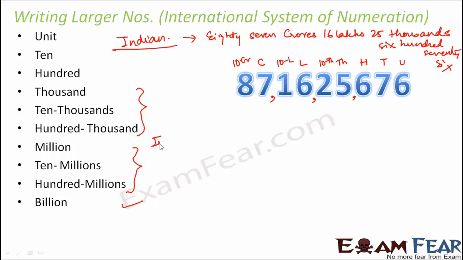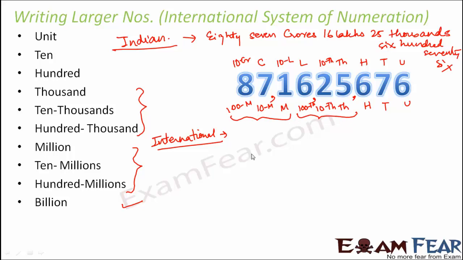Now let us have a look at the international system. Now in the international system, this would still remain the units place, tens, hundreds, thousands, 10,000s. Now what changes is, instead of lakh, this is going to be 100,000. This is going to be million, this is going to be 10 million, and this is going to be 100 million. So basically you have these three places representing million and these three places representing thousands.